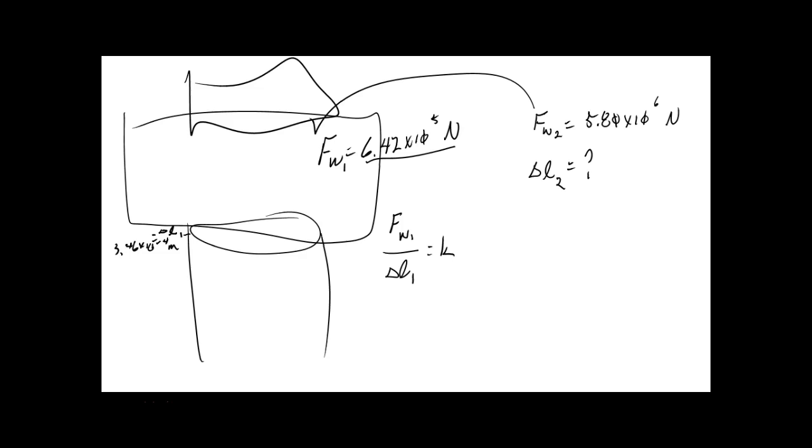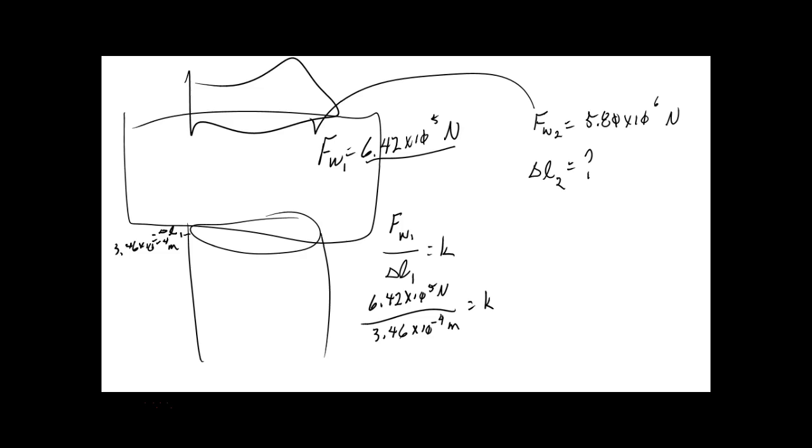So we're going to divide 6.42 times 10 to the 5th newtons by 3.46 times 10 to the minus 4 meters. That's going to give us our K in newtons per meter, exactly how you measure your K.